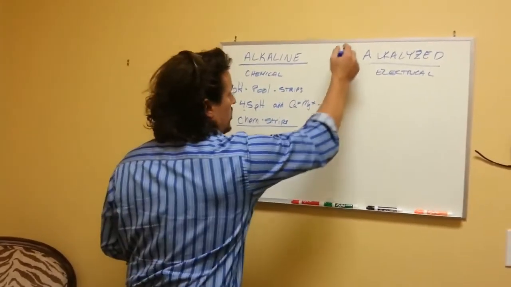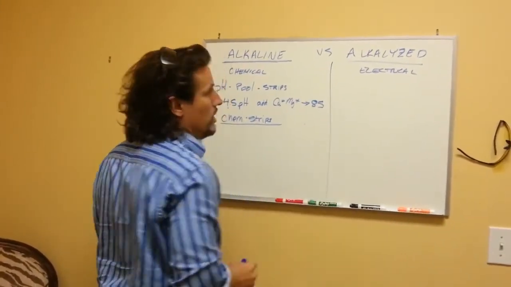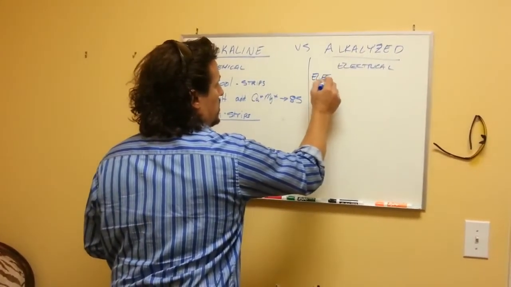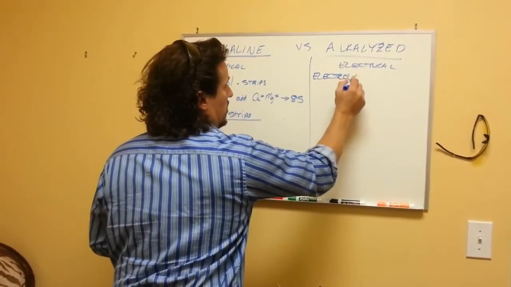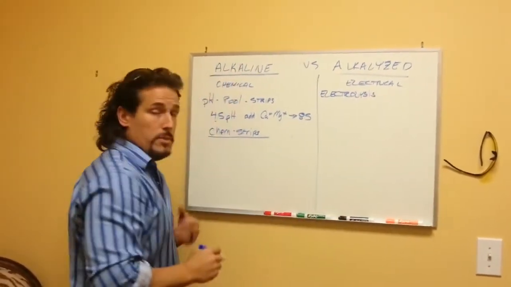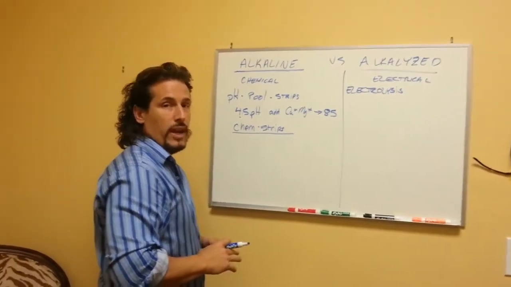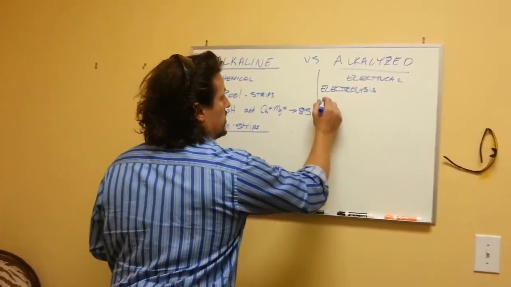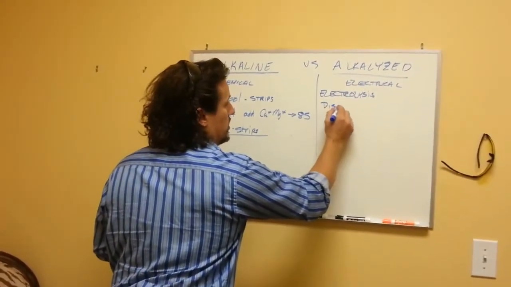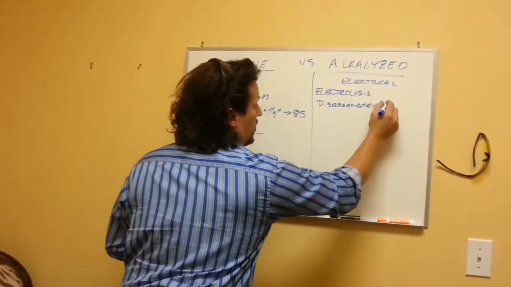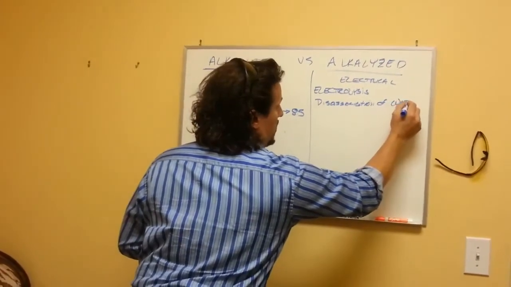However, when you start to compare this to alkalized water, what's going on is there's an electrolysis process, and basically it's shocking the water. It takes an enormous level of energy to do a process that is called the dissociation of water, and you can Google that.